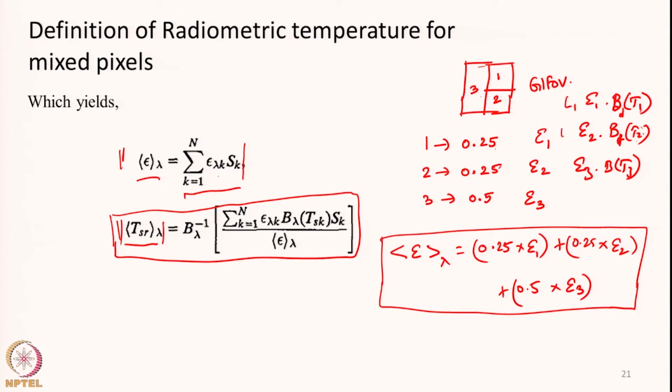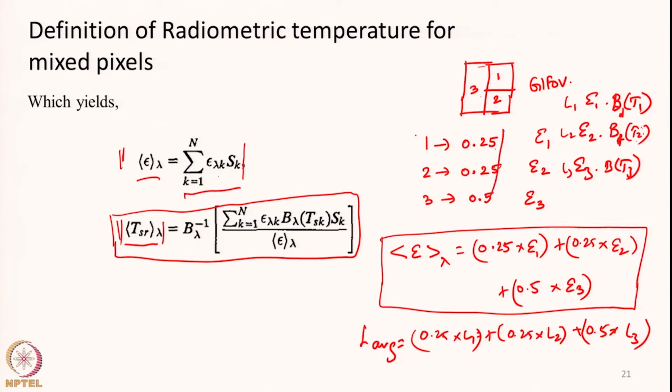This is the radiance from 3 objects. So, the average radiance reaching the sensor is 0.25 into L1 plus 0.25 into L2 plus 0.5 into L3, because that is the aerial fraction occupied by each, and the radiance of each object is given by emissivity times the Planck's function at a given temperature T and lambda, that is all.